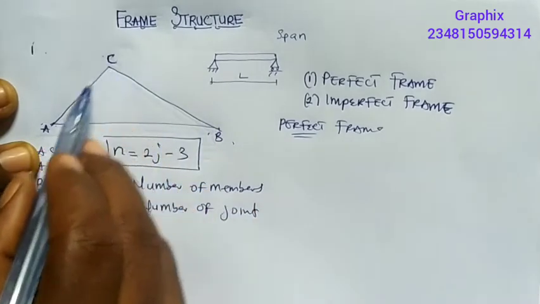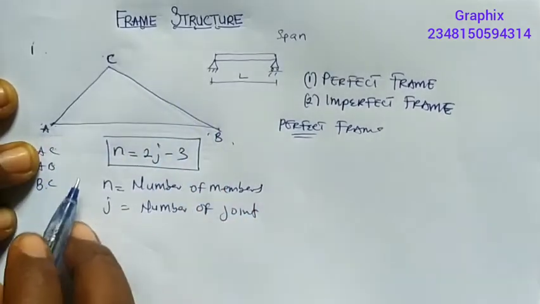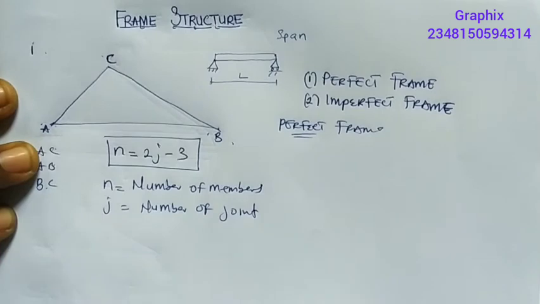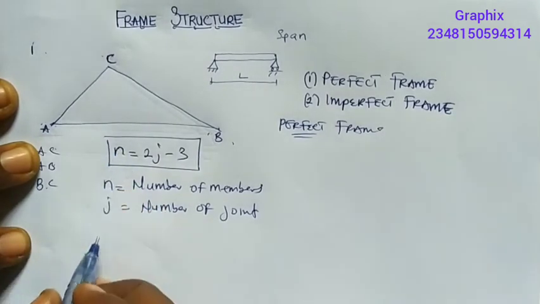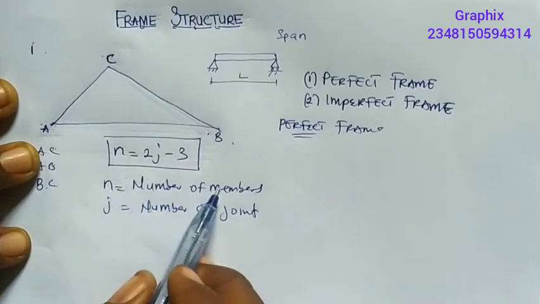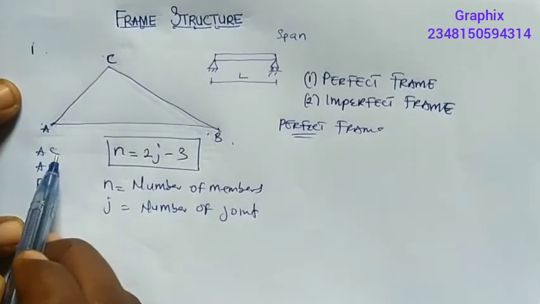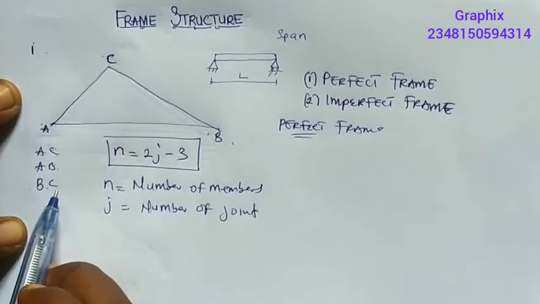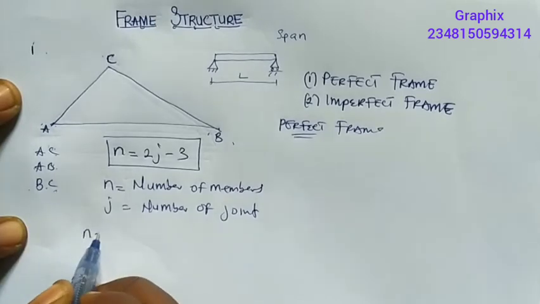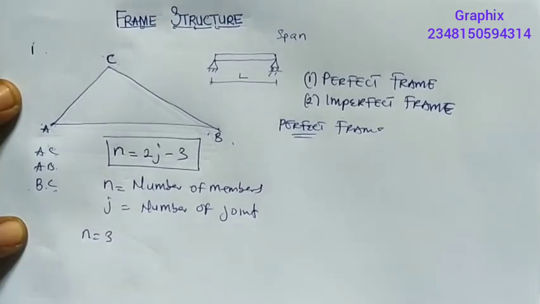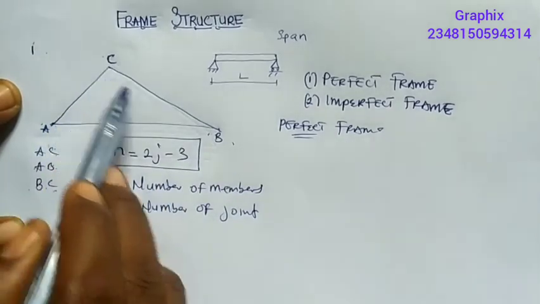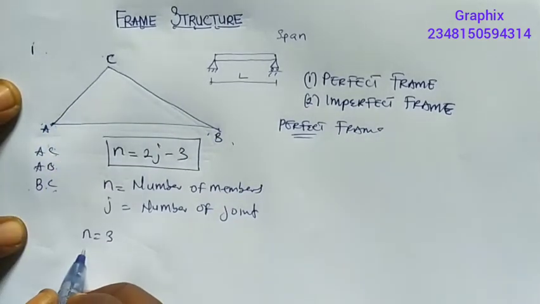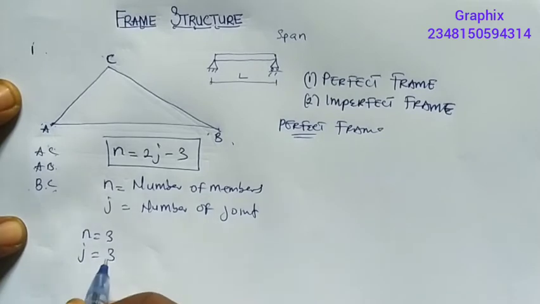So let's see if this triangle is a perfect frame or not. Now n is 3, because how many members do we have? We have AC, AB and BC, so n equals 3. How many joints do we have? 1, 2, 3. So j equals 3.